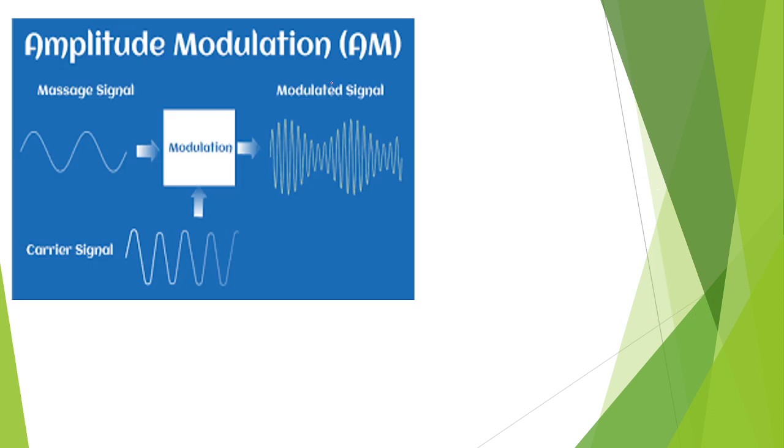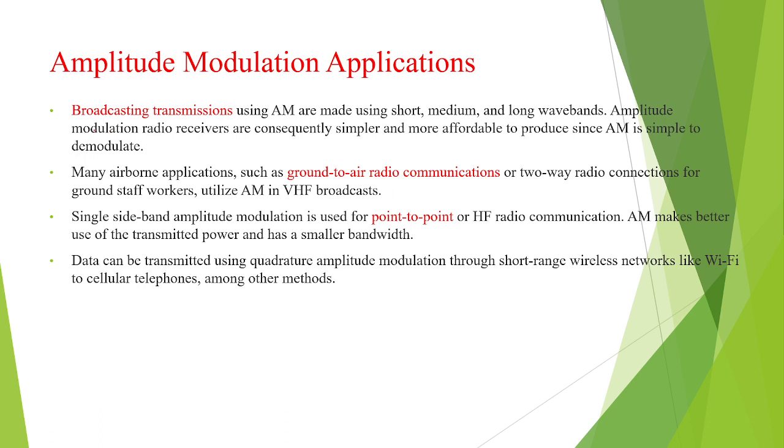Coming to the applications, the same thing: this is the message and this is the carrier signal, and this is a modulated signal. We can use it in broadcasting like AM radio transmissions, ground to ground communications, and also in point to point communications.